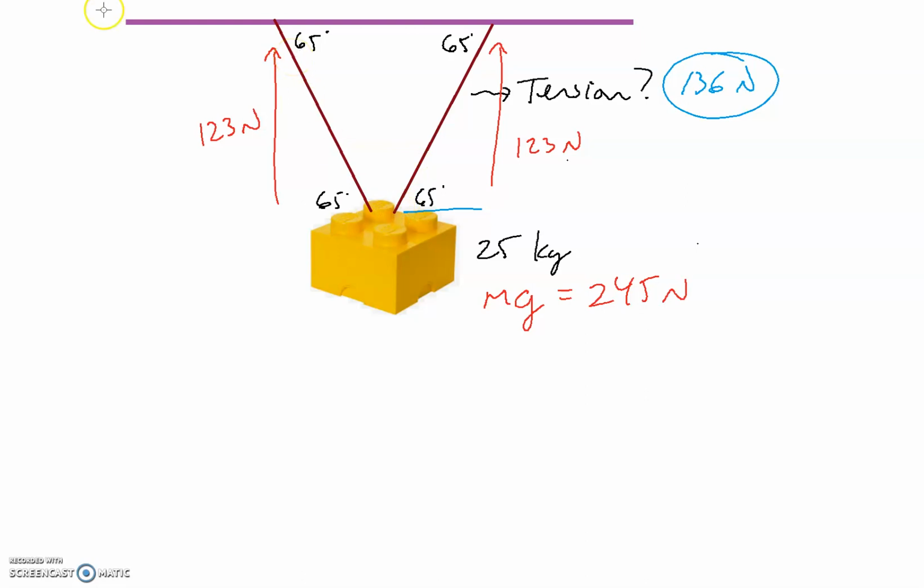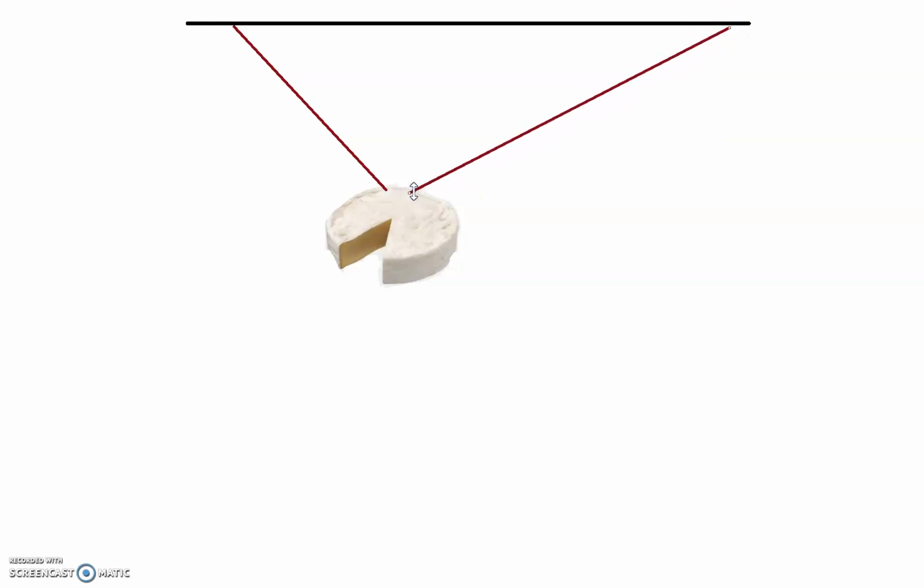All right, so let's try a different scenario. Let's get rid of this. All right, so here, let's crack out our wheel of cheese. And let's get a top part here like this. All right, something like that. And we're going to make this one not symmetrical and see how that works. So again, supporting our wheel of cheese with two ropes or cables or something like that.